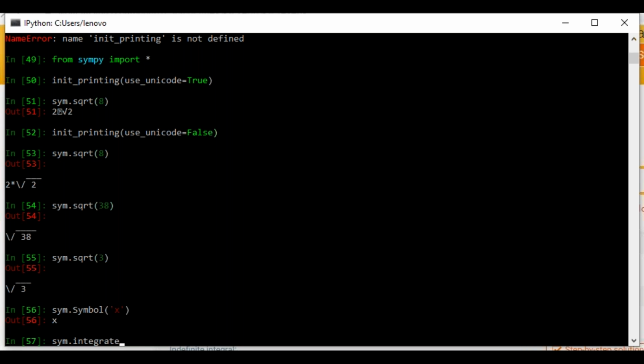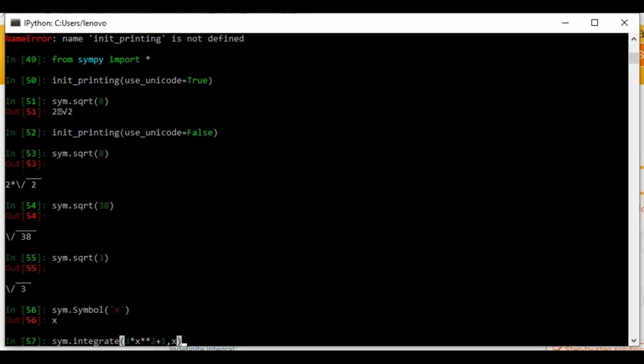We have the function 3x square plus 1, written in brackets as 3 into x square, that is 3 star x star star 2, plus 1, comma x, with that dx.